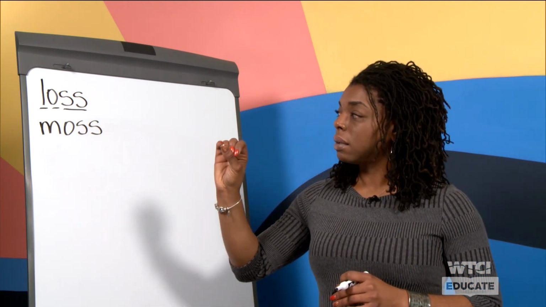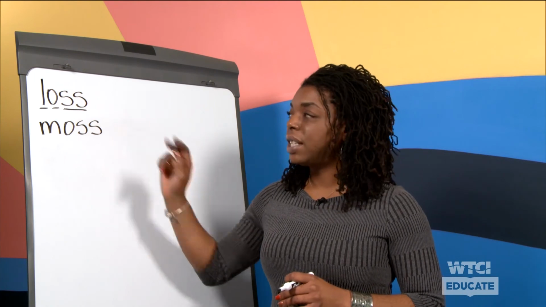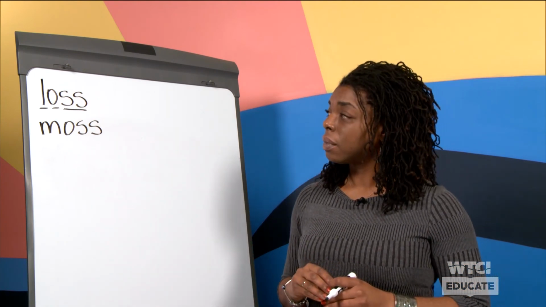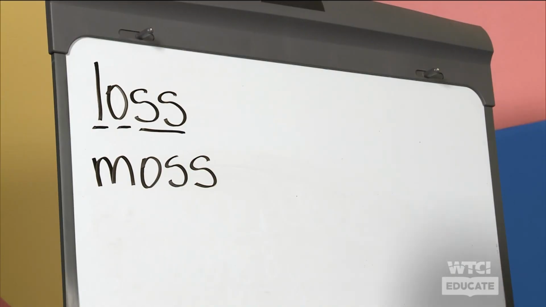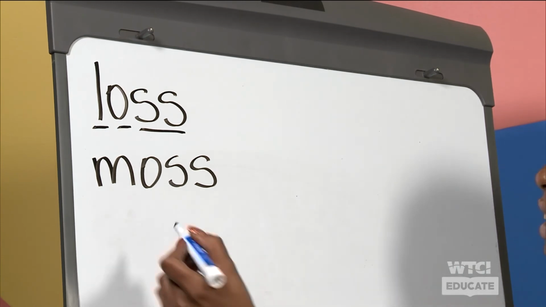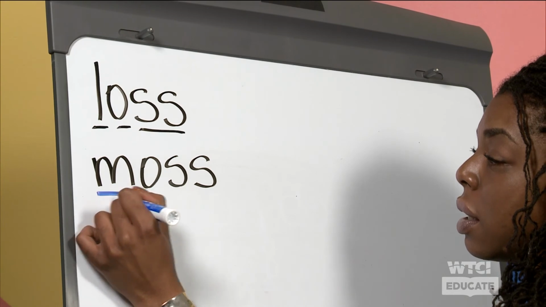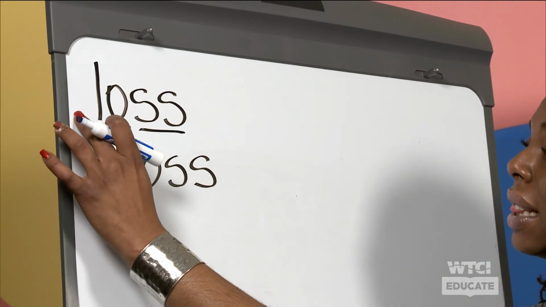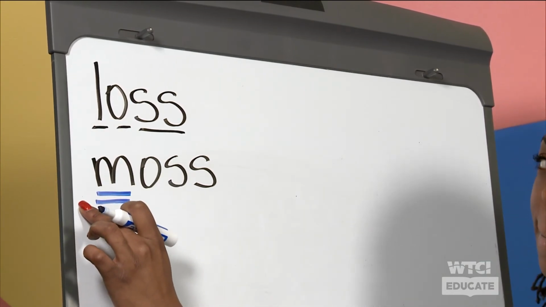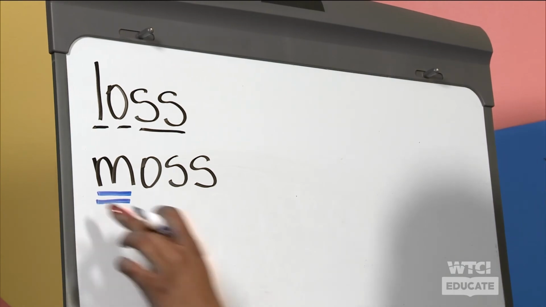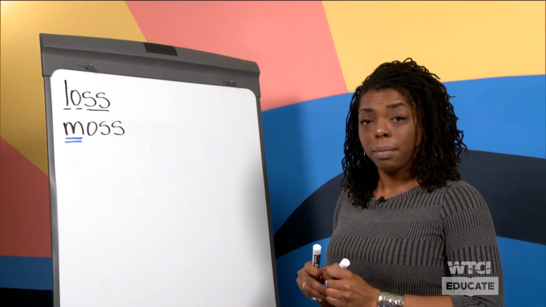Moss. Okay. What do you notice that changed here? I noticed that my beginning sound changed from l to m, okay? Now, what do you notice that stayed the same?